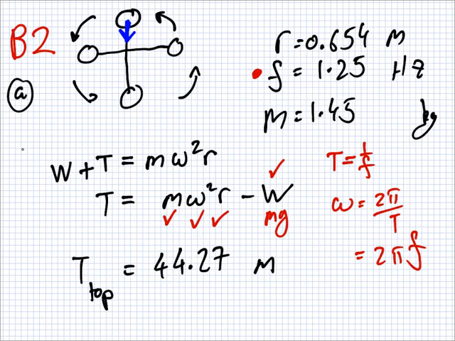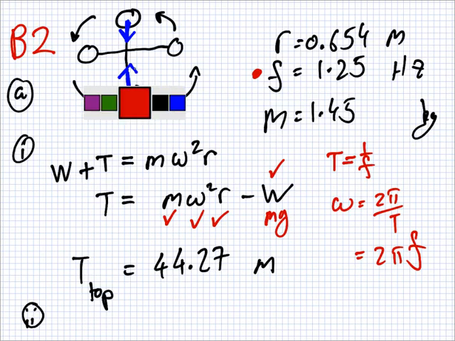Okay, A part 1. Now part 2 is extremely similar. They want the force at the bottom. So at the bottom, how many forces are acting? 2. What are they? The tension and the weight. So the only difference is the weight is now acting down. Whereas here they both act towards the centre, here the tension acts towards the centre, but the weight acts away from the centre.